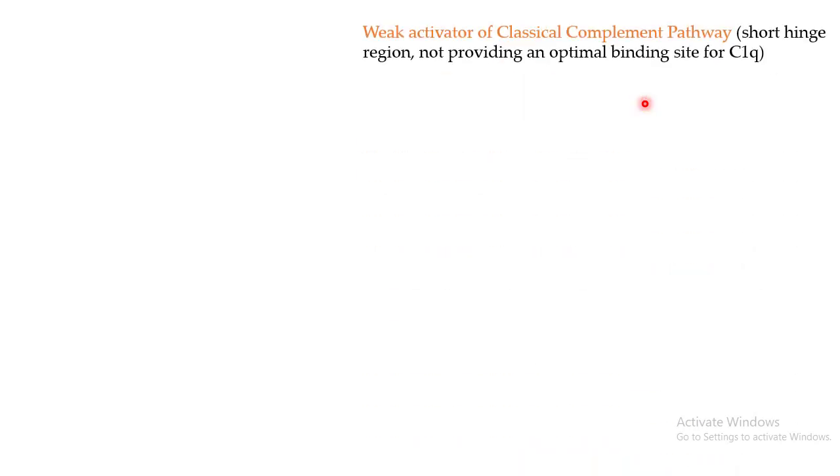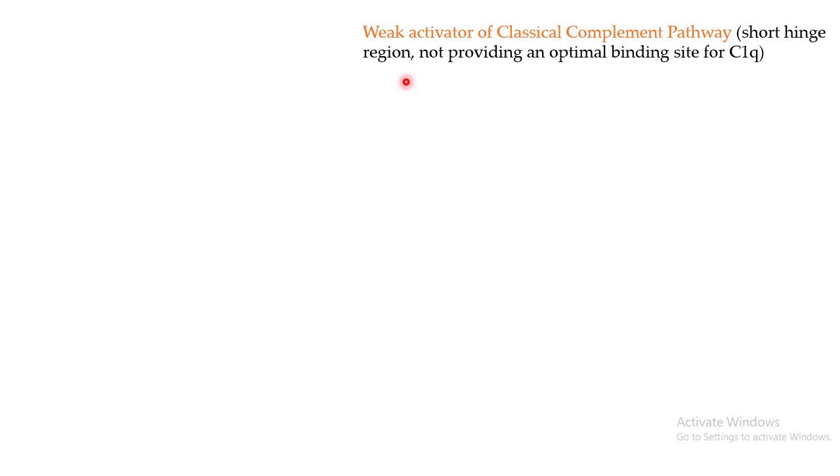When you talk about the biological properties of the immunoglobulin G4, they are a very weak activator of the classical complement pathway. And the reason for their weak activation of the classical complement pathway is that they have a very short hinge region, which I just told you.